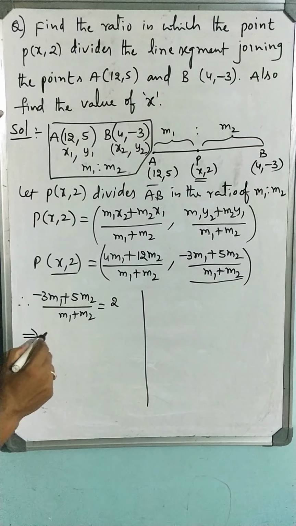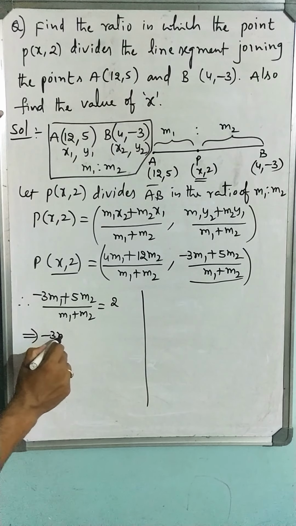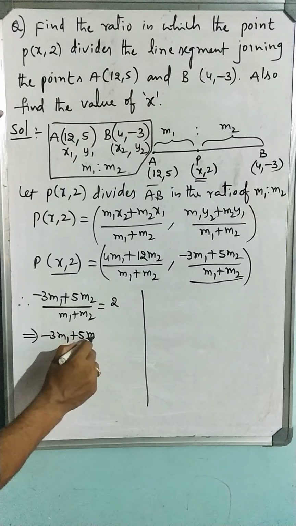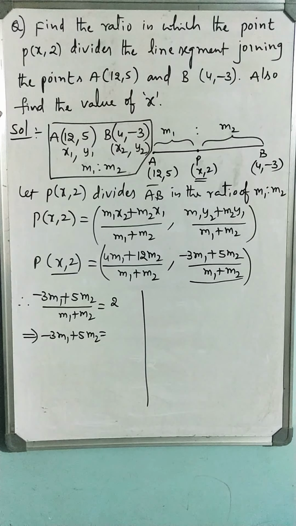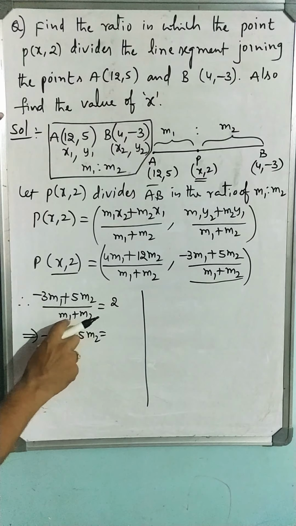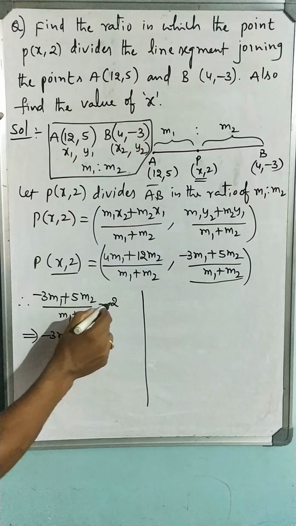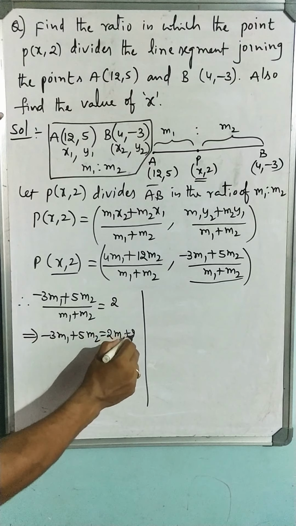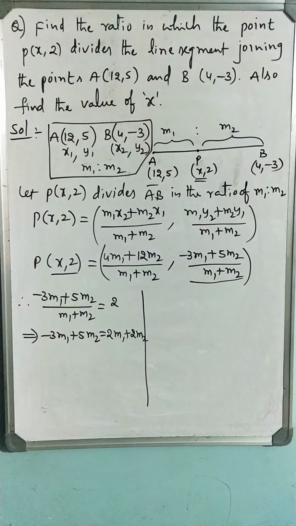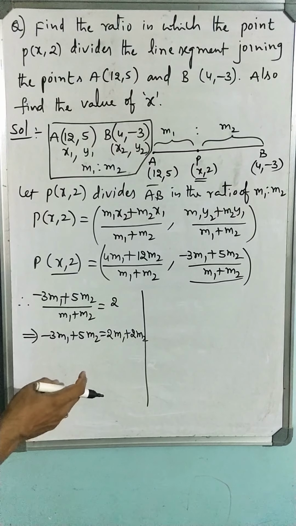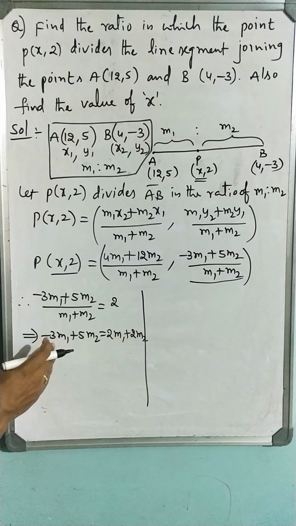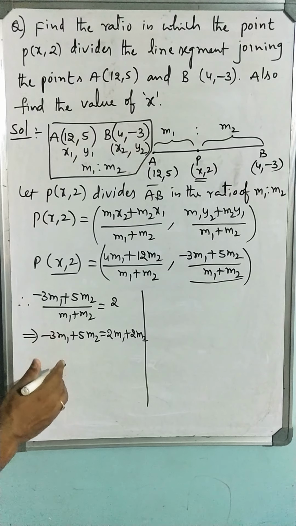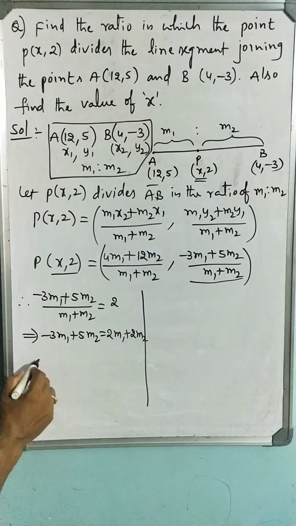This implies -3m1 + 5m2 is equal to (m1 + m2) multiplied with 2, 2 into m1, 2m1, plus 2 into m2, 2m2. Bring m2 into LHS and m1 into RHS.